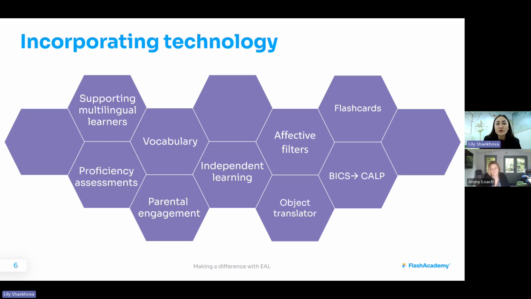First of all, we can share immediate feedback and have those assessment tools. So technology definitely helps us assess students' language proficiency quickly and effectively. For example, an assessment tool like the one on FlashAcademy provides a great overview of students' language level.